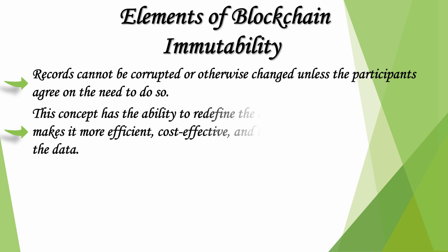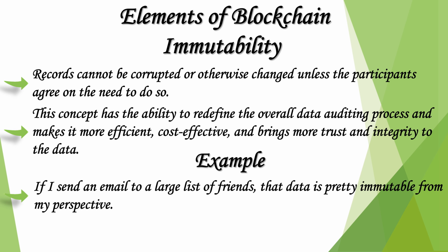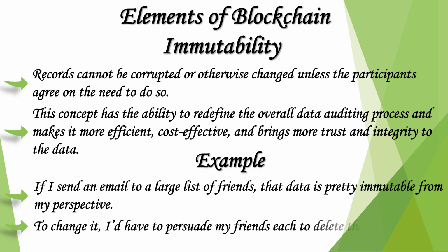This concept can redefine the overall data auditing process and makes it more efficient, cost-effective, and brings more trust and integrity to the data. For example, if I send an email to a large list of friends, that data is immutable from my perspective. To change it, I'd have to persuade my friends each to delete the email.